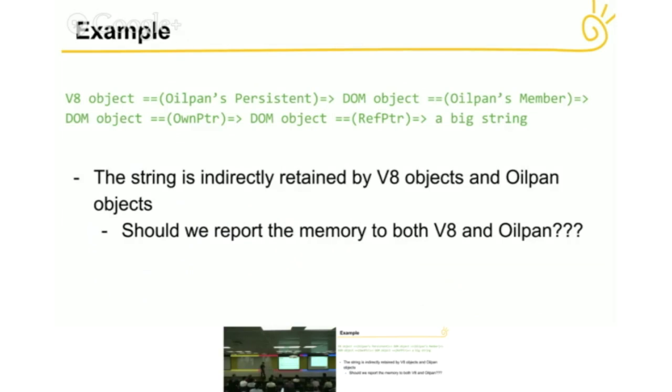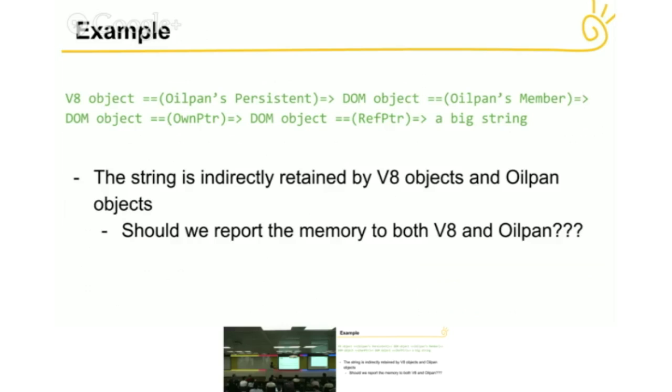For example, this can frequently happen. A V8 object is retaining the DOM object by Oilpan's persistent handle, which retains the DOM object using Oilpan's member, which retains the DOM object using unique pointer, which retains the big string using ref pointer, and so on. So that string is indirectly retained by the V8 objects and Oilpan objects.